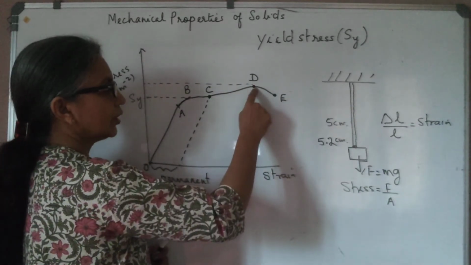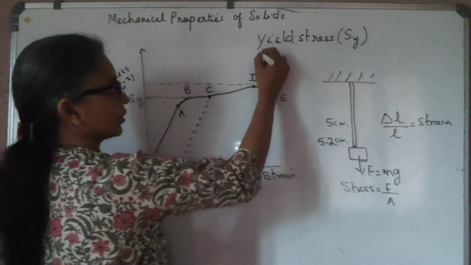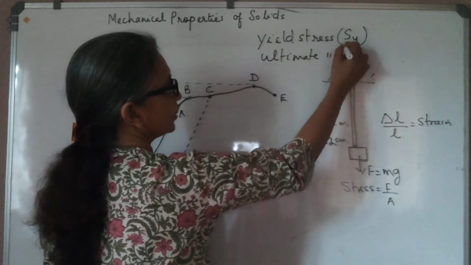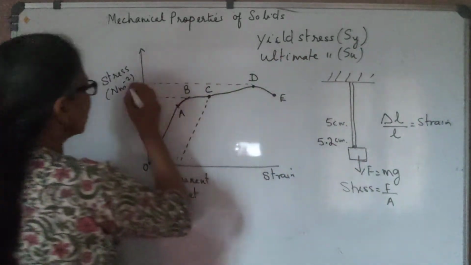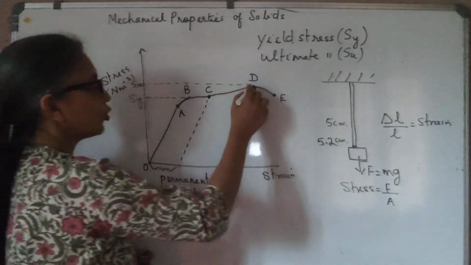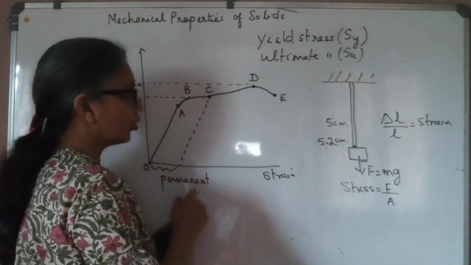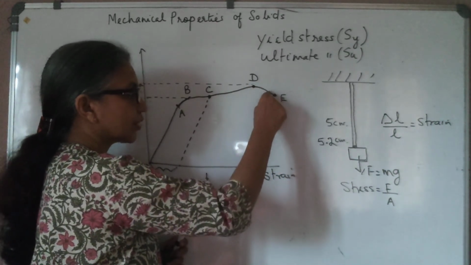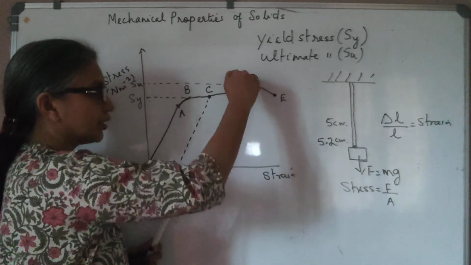This point here is called the ultimate stress, or ultimate yield stress, SU. If you load it now beyond this, you see after point D, actually the stress is decreasing. The curve is coming down. That means you're decreasing the stress.